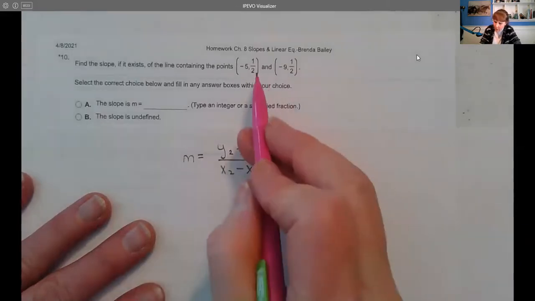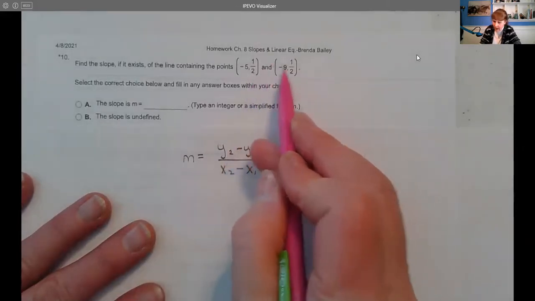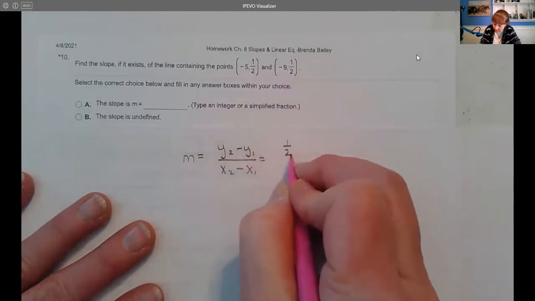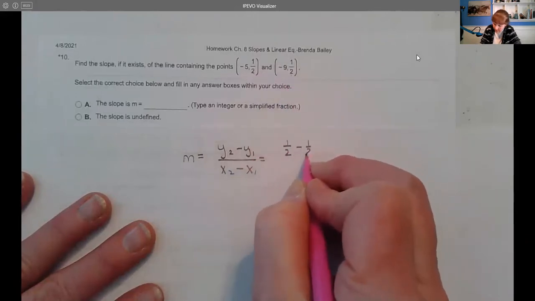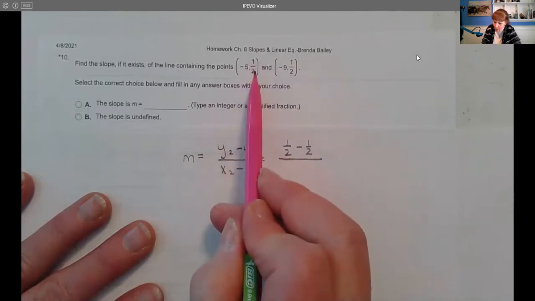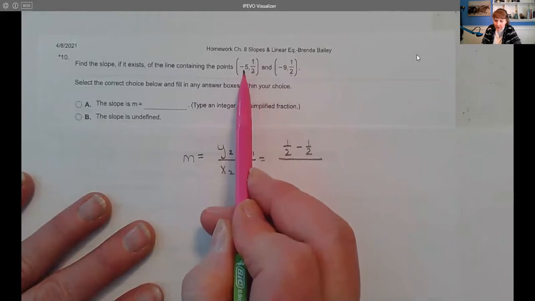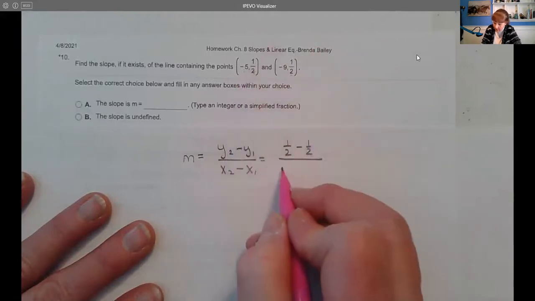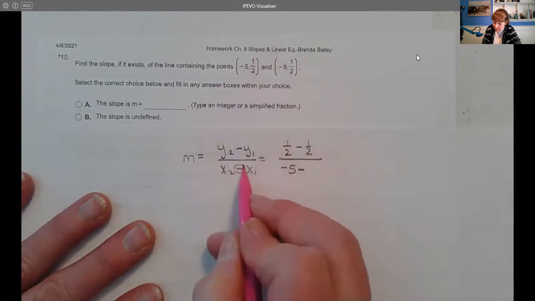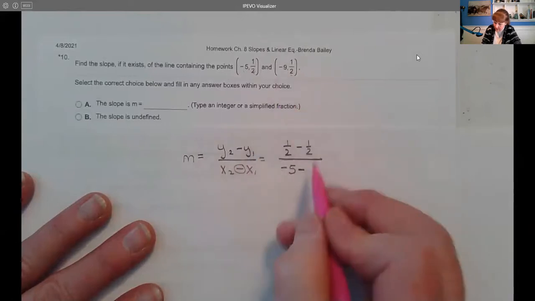So again, I'm going to take 1/2 minus 1/2. I pointed to this one first, so we'll start with the negative 5 underneath. So the x's are negative 5 and negative 9. Negative 5 subtract, you always have that subtraction, negative 9.